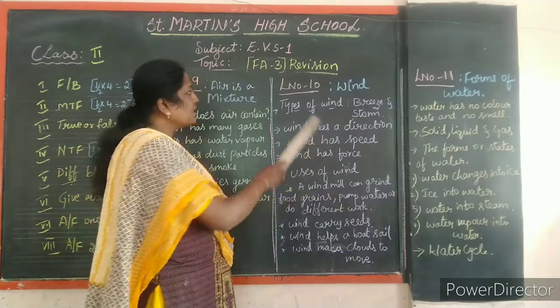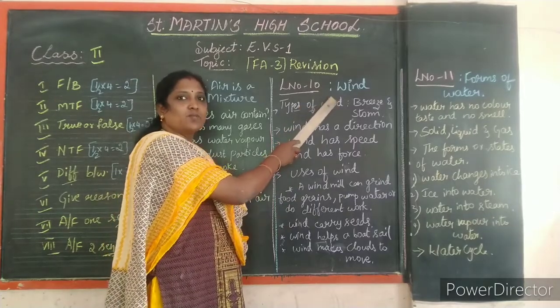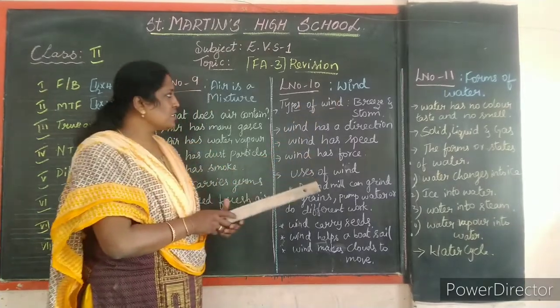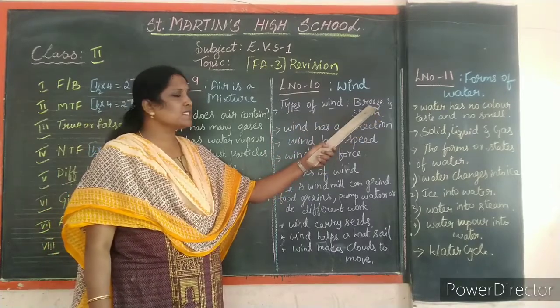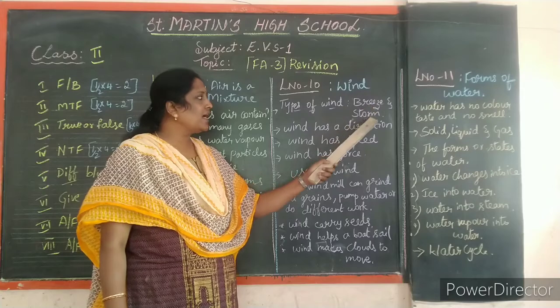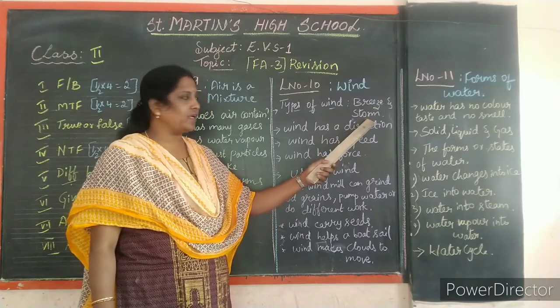So in this lesson, wind. What is wind, children? Moving air is called wind. The types of wind are breeze and storm. Breeze is a very gentle wind and storm is a very strong wind.